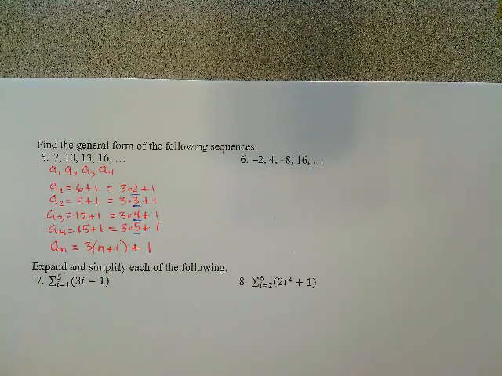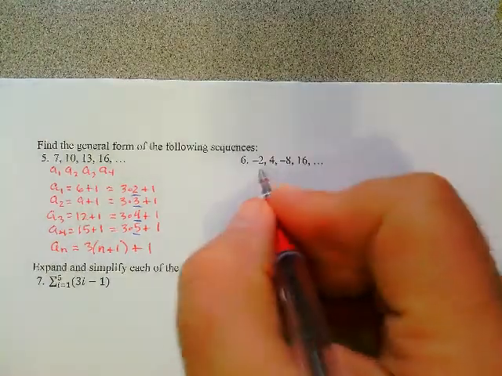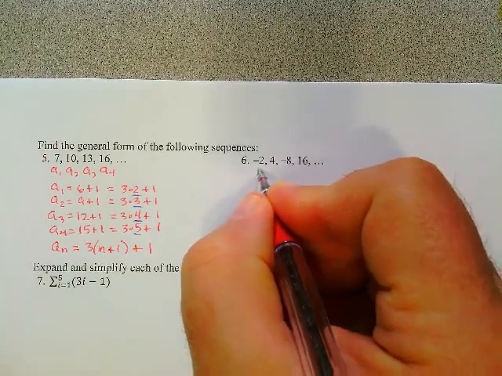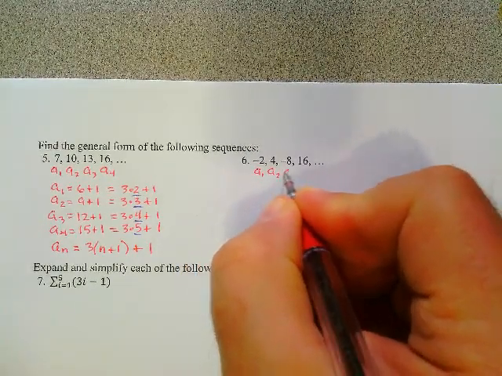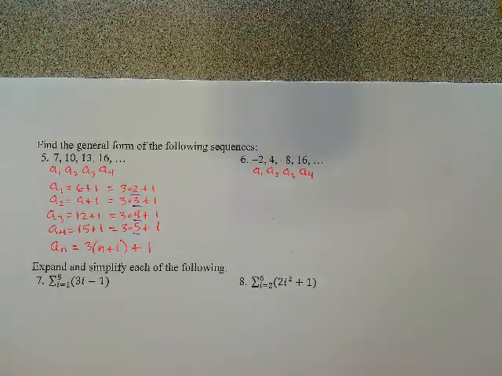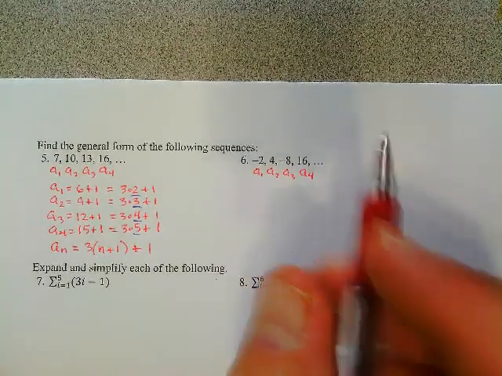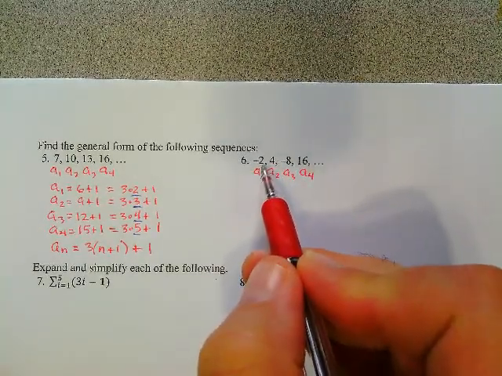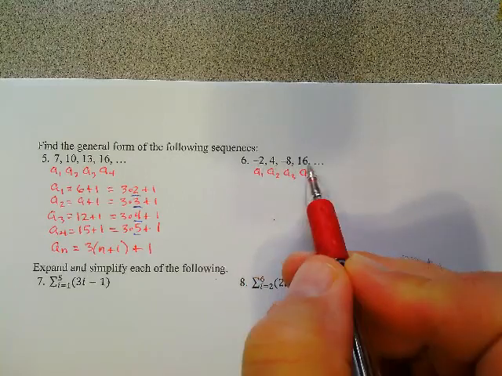All right, let's look at problem 6. Again, start off with A1, A2, A3, A4. Now, what I notice here is 2, 4, 8, they're doubling each time.